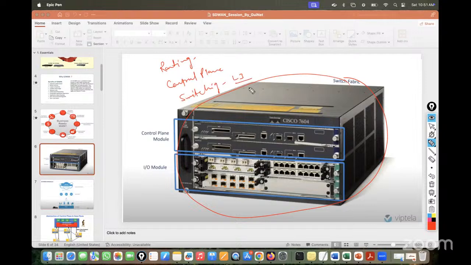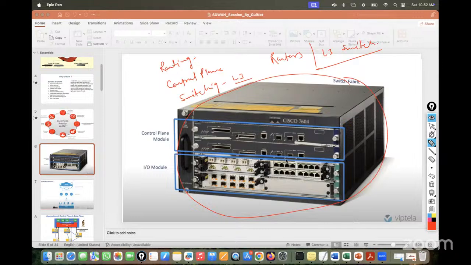That's the closed box architecture, and this is how old routers or L3 switches work. It's still working in our network, because routers are still there for ISP connectivity, and switches are there for core and aggregation layer connectivity. We might have a collapsed core architecture, a 3-tier architecture, or a 2-tier architecture.